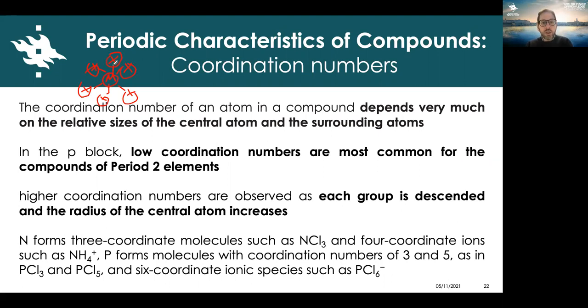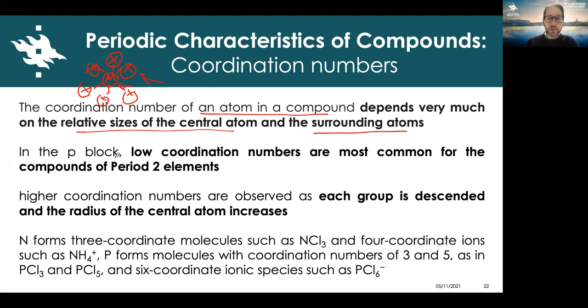So the coordination number of an atom in a compound depends very much on the relative size of the central atom and the size of the surrounding atoms, because the sizes will determine how many atoms can fit around the central atom.